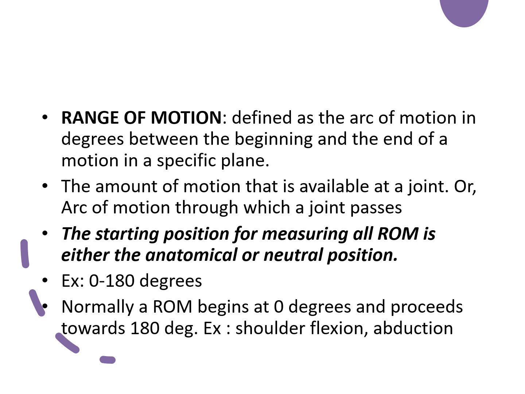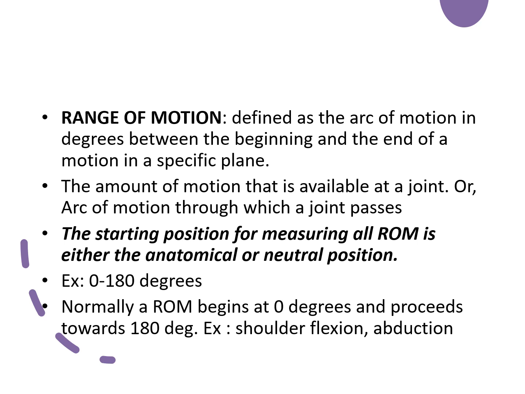The starting position for measuring all the range of motion is either the anatomical or the neutral position. In the previous slide, we understood what the anatomical position and the neutral position are.